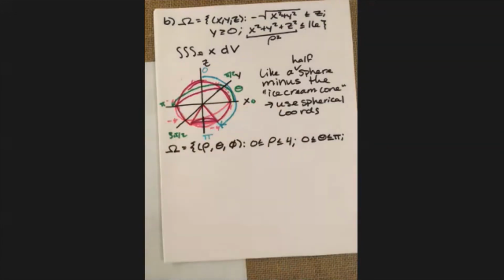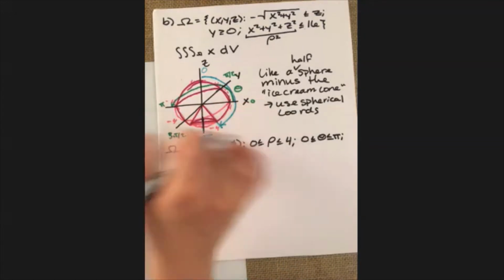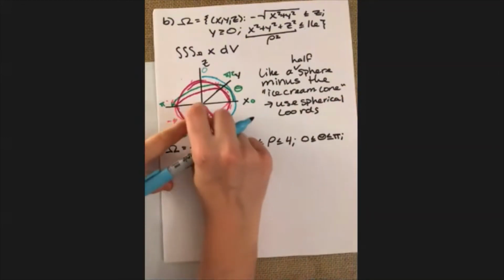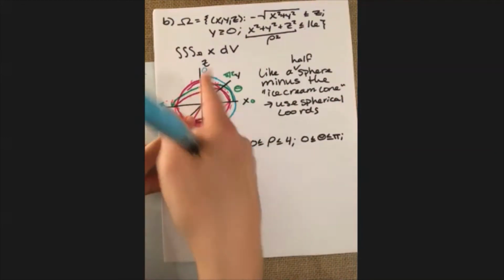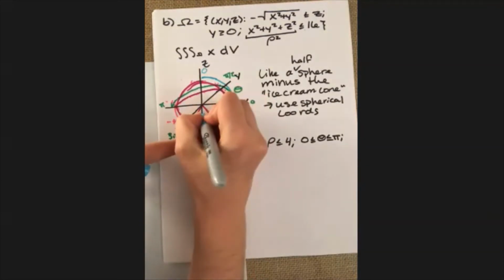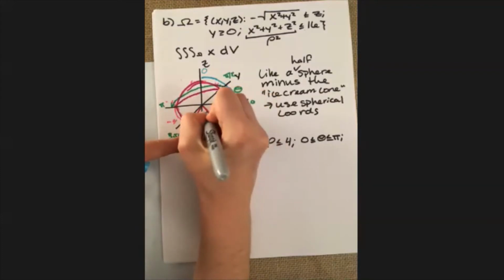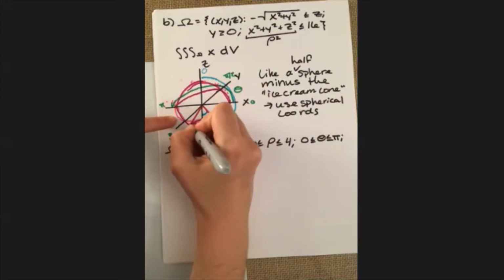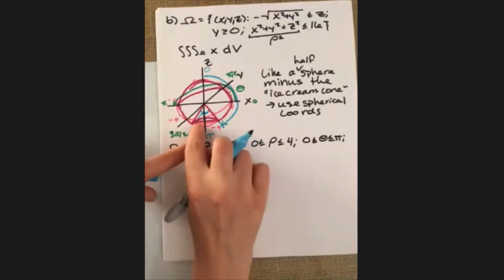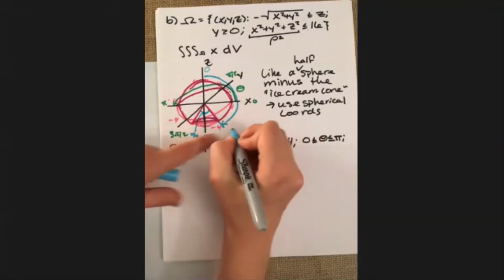And if we remember from a previous video, this ice cream cone shape always creates pi over 4 type angles. So the angle between the negative part of z and this leg right here has to be pi over 4. So we're taking pi and subtracting off pi over 4 to figure out what this leg right here has to be.